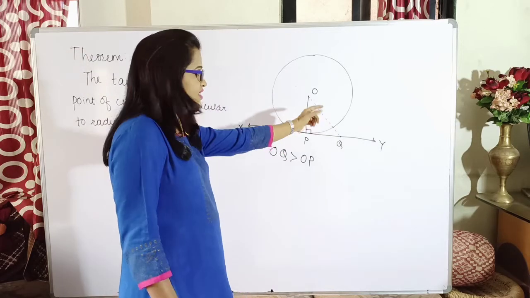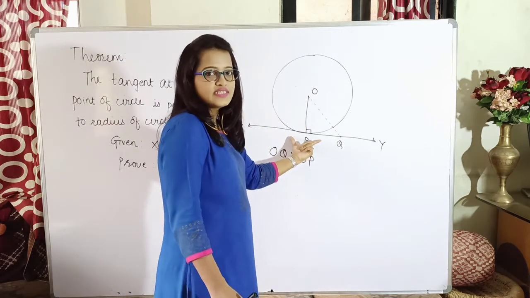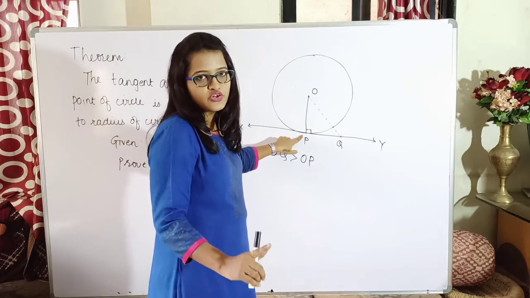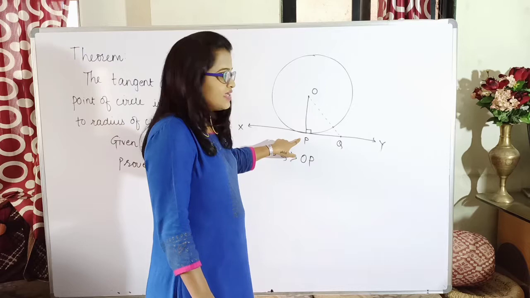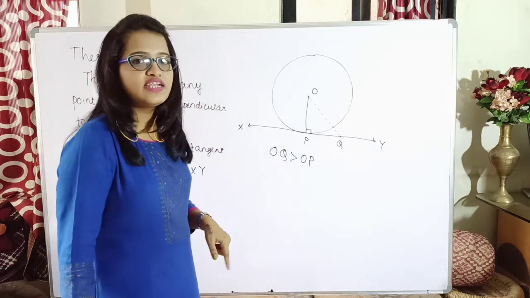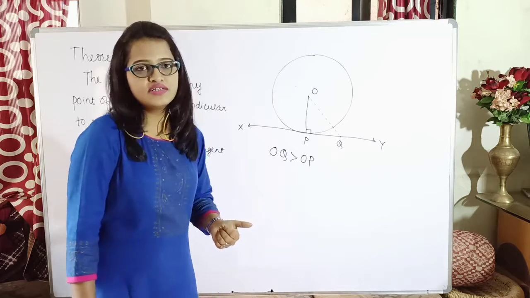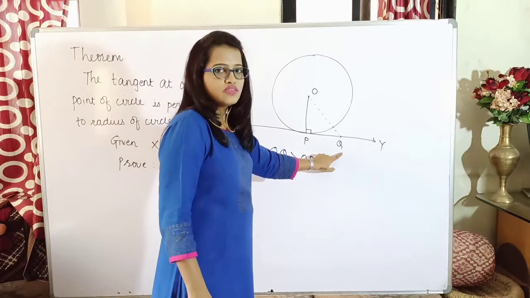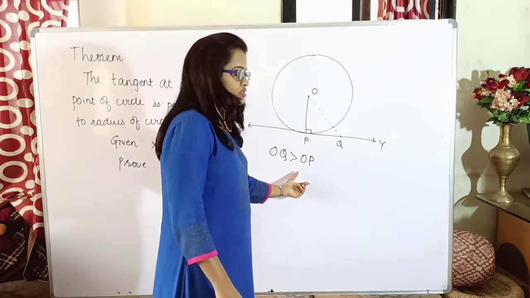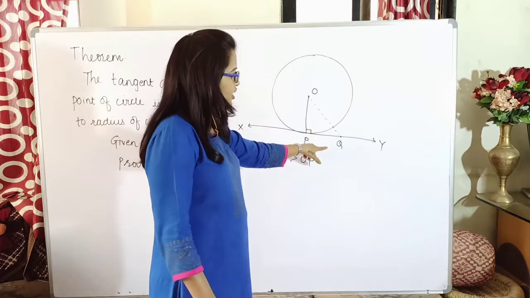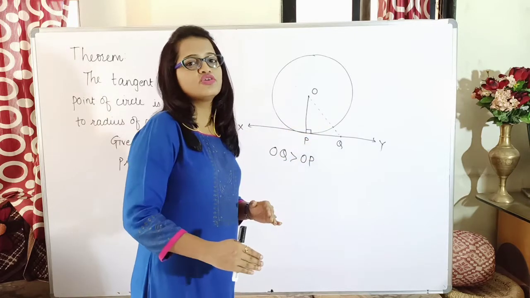But as I have said that XY is the tangent, it means the tangent has only one point of contact, that is P, and all the other points on this line will definitely lie outside the circle. So if length OQ was less than length OP, it would mean that point Q is in the interior of the circle.